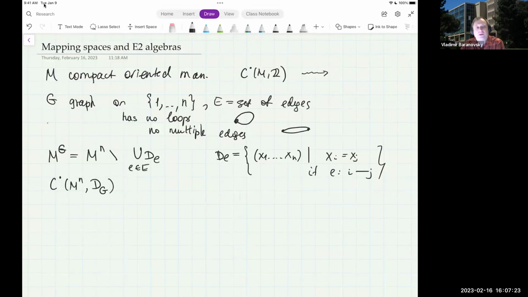Suppose we want to construct some kind of model that computes relative cohomology at first. If we started with a compact oriented manifold, then the relative cohomology by Lefschetz duality can be identified with homology, up to certain shifts, of this complement, the graph configuration space. This last statement is by Lefschetz duality.